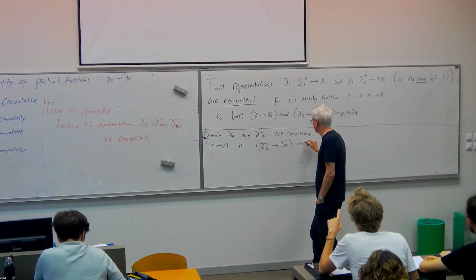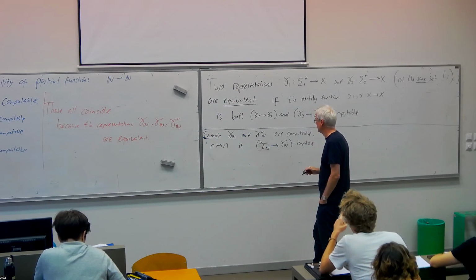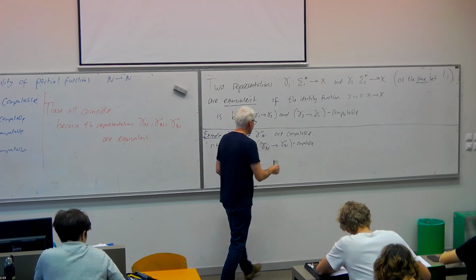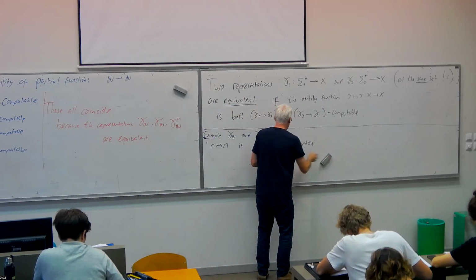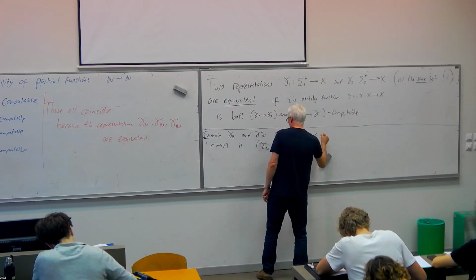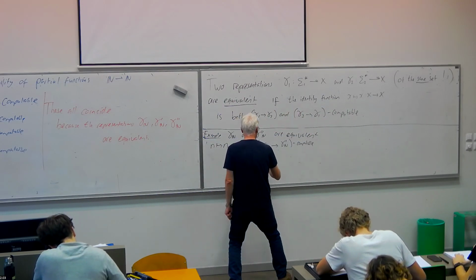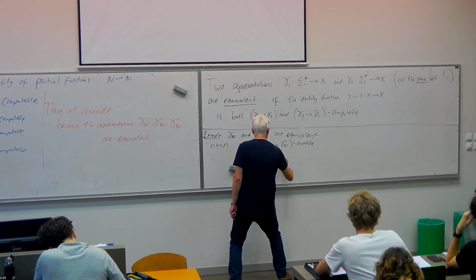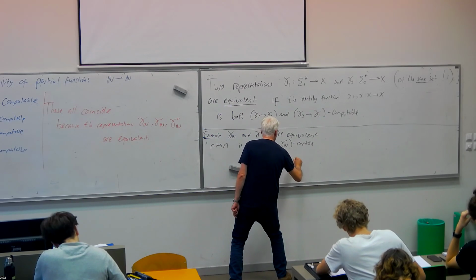The representations are equivalent. Yes. And the other way around, gamma double prime n to gamma n is computable.